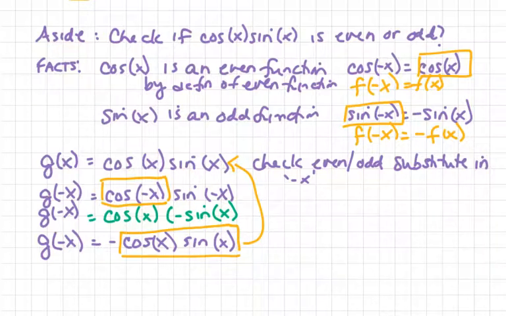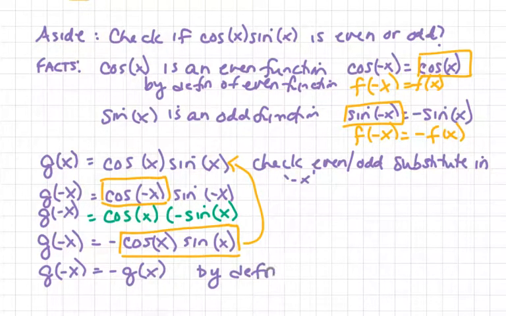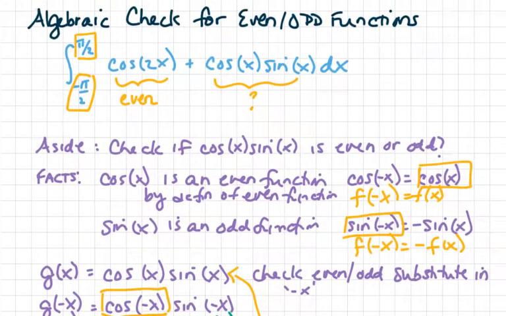So what I have here is g of negative x is equal to minus g of x. And by definition, that's an odd function. So I've proven algebraically that the multiplication of cosine and sine is odd. So what does that mean? Well, that's nice because now I can just come back here and say this is odd, so therefore, that piece is 0.